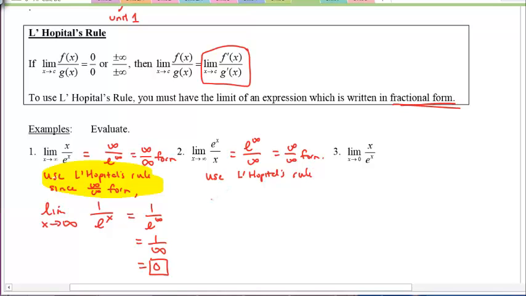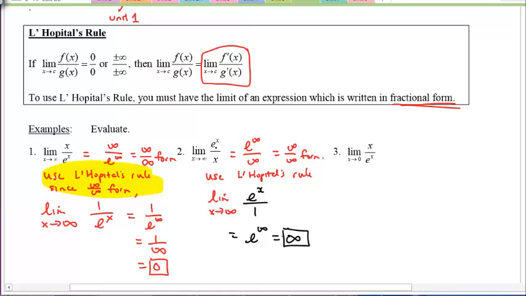And once again, if I were to now use the rule, I'd like you to take the derivative of the numerator, which is just, of course, e to the x. The derivative of the denominator is just 1. So now when I plug it in, I get e to the infinity, which is really just infinity. So the answer here is infinity. Some books, some teachers think that just means does not exist. I prefer infinity.